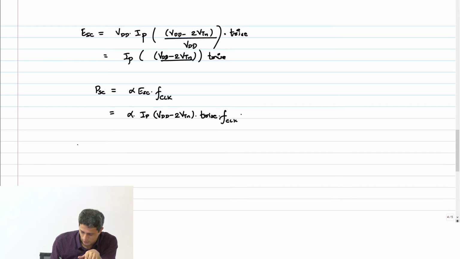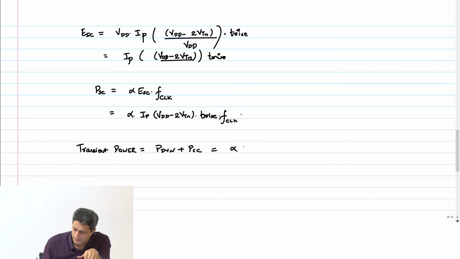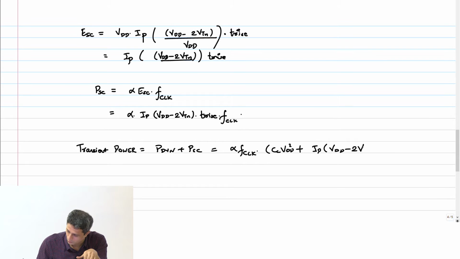For example, if you look at this, the transient power is equal to P dynamic plus short circuit. You will get this to be alpha into F clock into CL VDD squared plus IP into (VDD minus 2 VTN) into T rise, right?